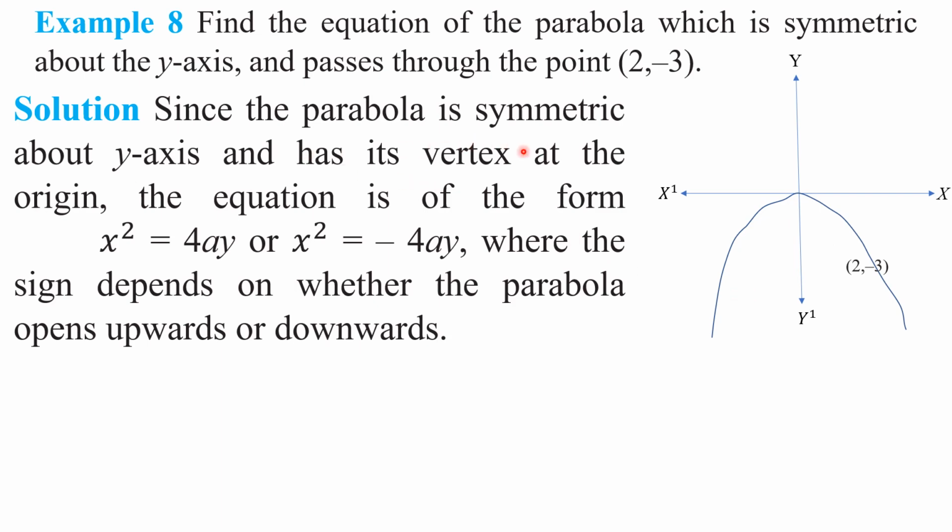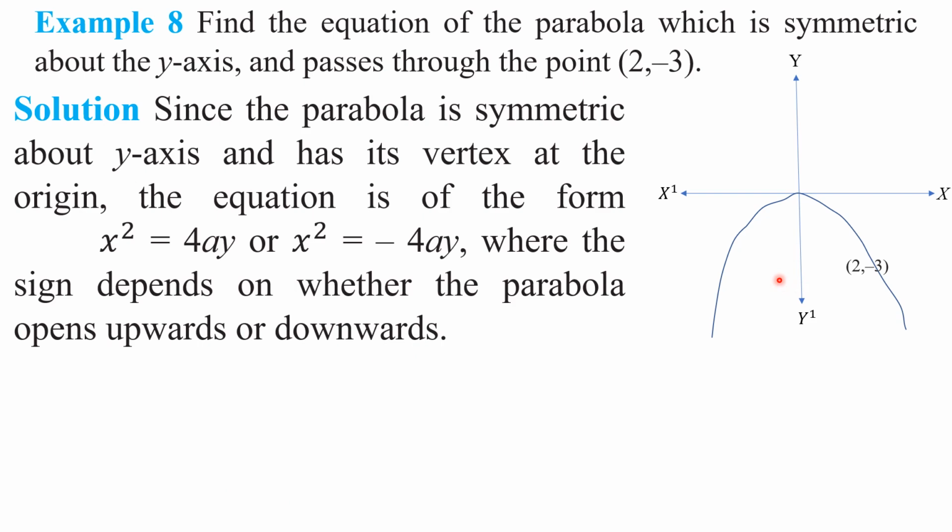Since the parabola is symmetric about the y-axis and its vertex is at the origin, the equation of the parabola is of the form x square is equal to 4ay or x square is equal to -4ay, where the sign depends on whether the parabola opens upwards or downwards. Understood this point, my children?